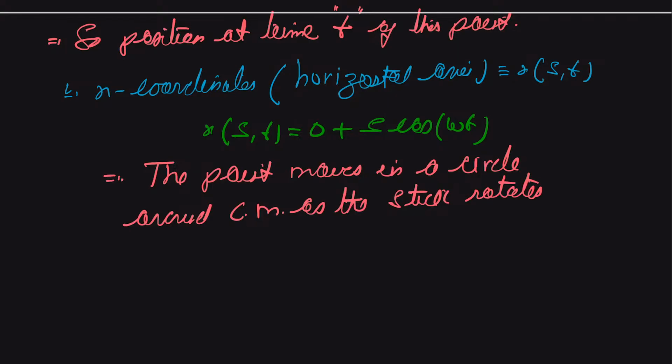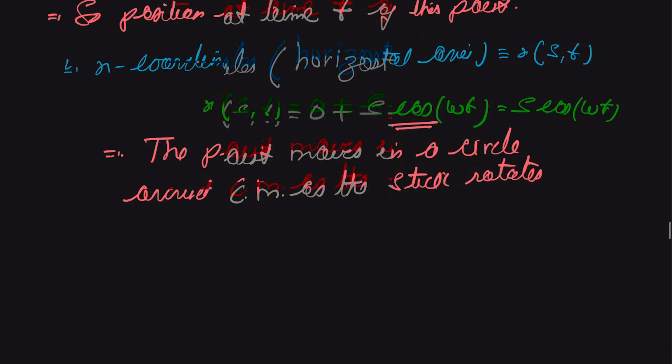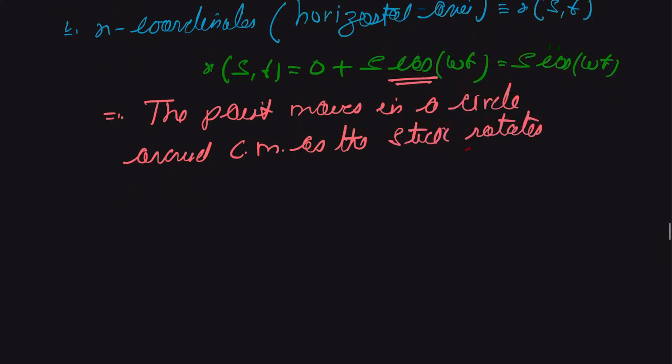Therefore our x position coordinate is going to oscillate with s cos of theta. Okay, so we can just write it as, because this is simply 0, so this comes as s cos of omega t.